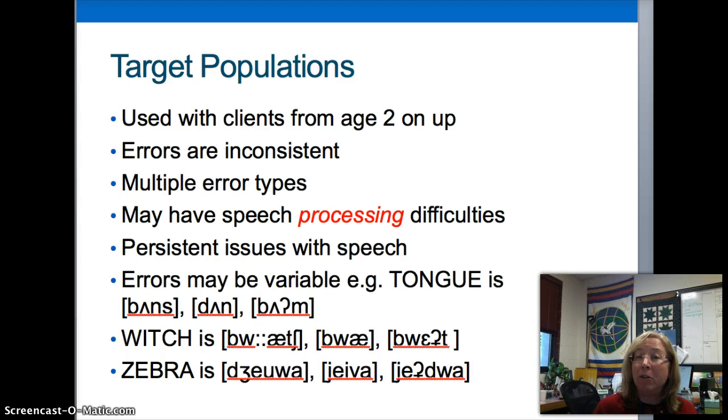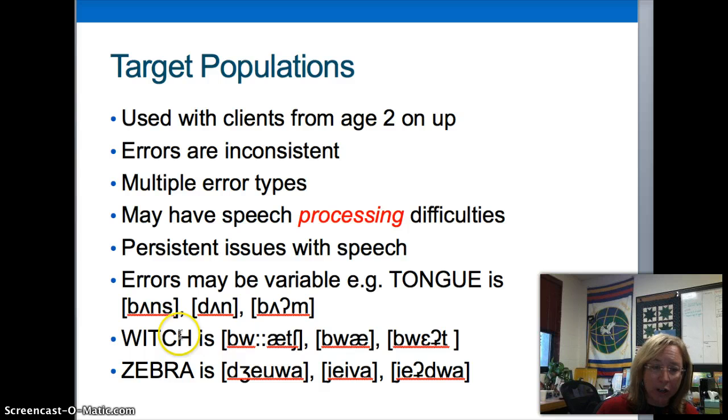But the errors are variable. So when somebody asks what they do for specific sounds, you may have a problem giving a straight answer. For example, on the slide, the word tongue could be produced as buns, dun, ba, m. So you've got different productions for one target word.